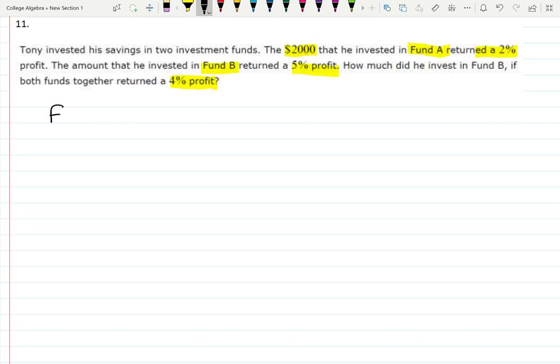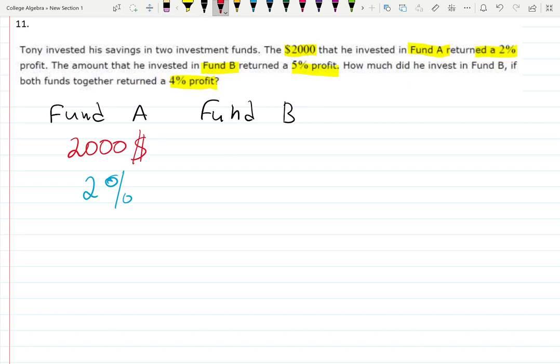So you have fund A, and then you put $2,000 here, and these guys gave you 2% return. You have fund B. You don't know how many dollars you put there, but you know that that one gives you 5% profit. And you also know that total profit is 4%.